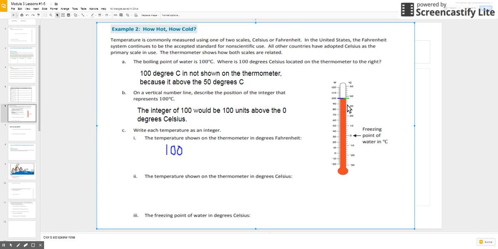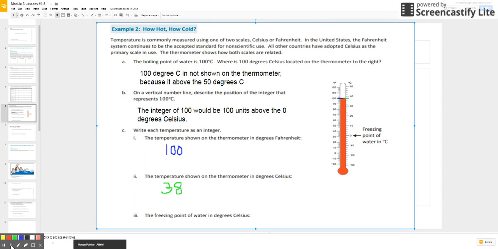That means each of these represents 2 because it goes from 30 to 40, which is 10. And if it goes up 5 spots, that means it has to go up by 2. So this one's 32, this one's 34, 36, and 38. So let's write down 38 degrees Celsius, or as an integer, 38.